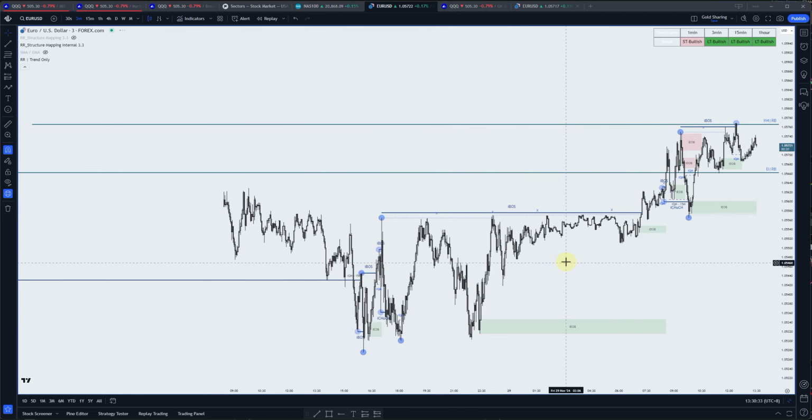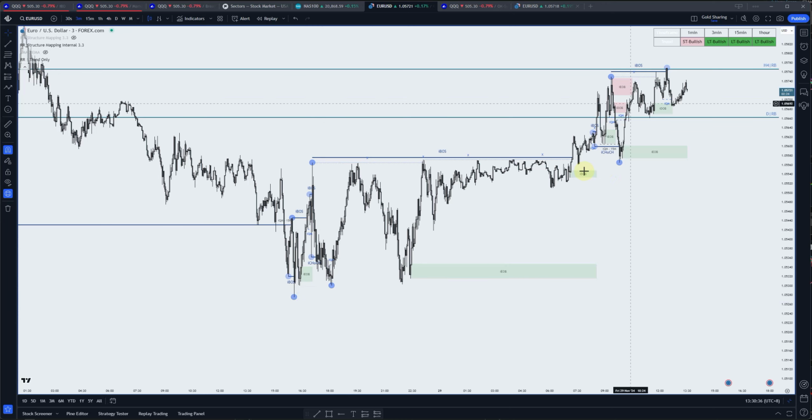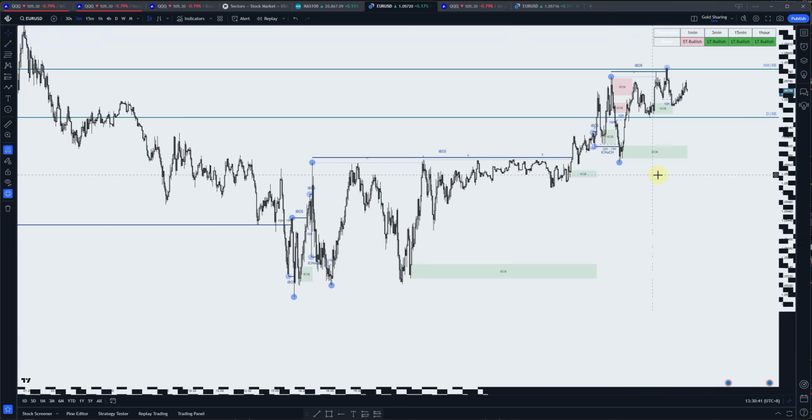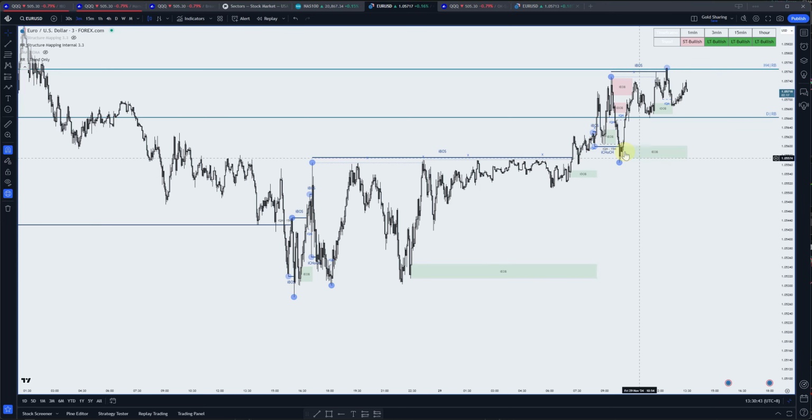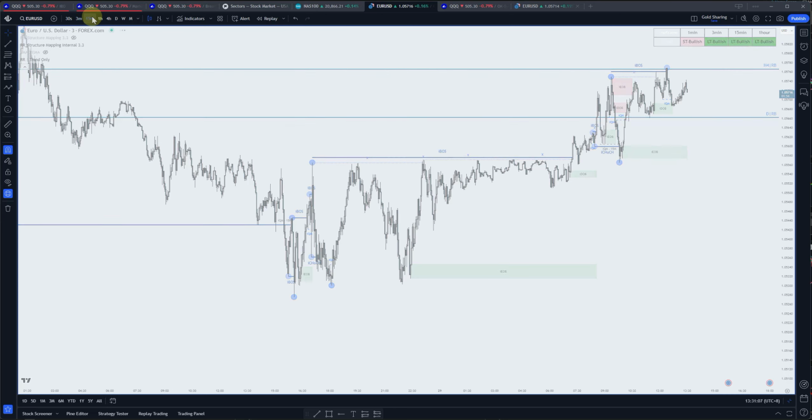Then this bullish trend starting from here, if the price takes this low and this turns into a change of character, and this is not the one time frame higher QM, then we are bearish. Otherwise this is a higher low, higher high, higher low, higher high. And this is not the change of character, this is just the higher low because of the one time frame higher liquidity. So this is what I see on the 3-minute time frame.